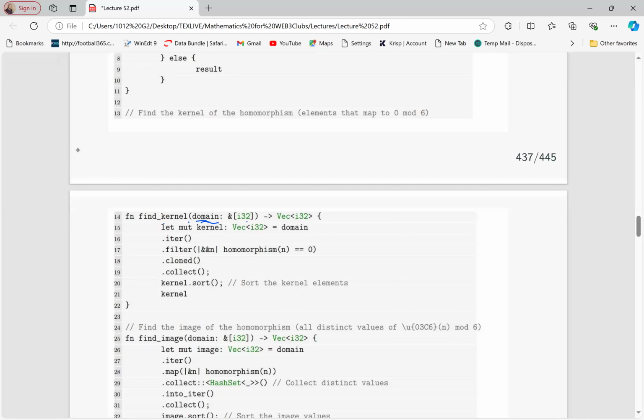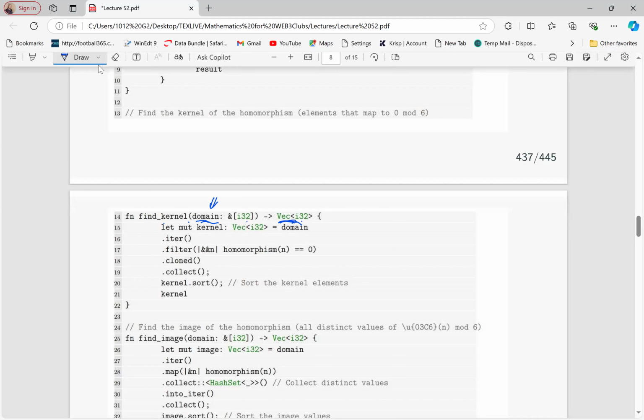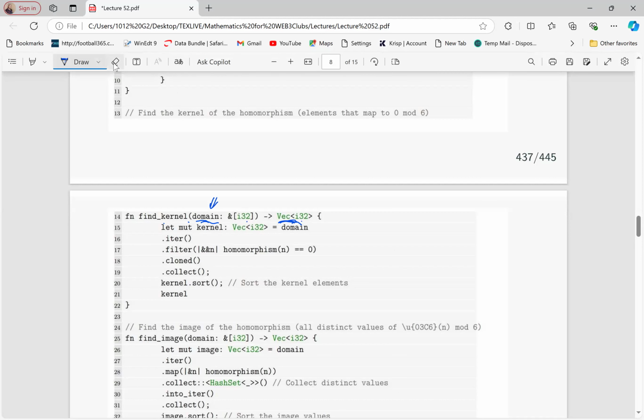But when you enter those elements, what you get will be a vector, and that vector is still I32.